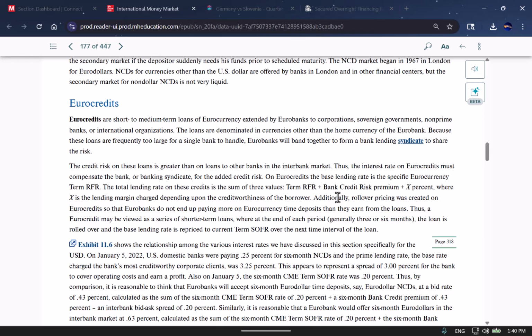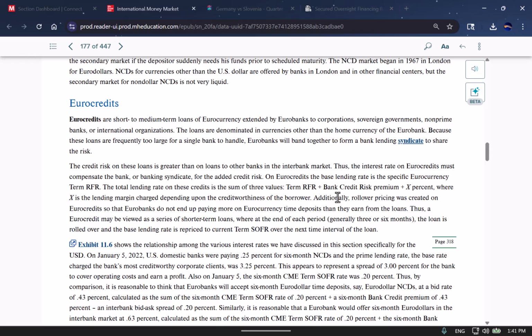More than likely, Deutsche Bank is not willing to lend $10 billion to one customer. Because if they don't pay it, they're going to be in trouble. So they start a syndicate together. They tell other big banks, Deutsche Bank wants to borrow 10 billion euros. Any of you guys willing to participate in the syndicate?